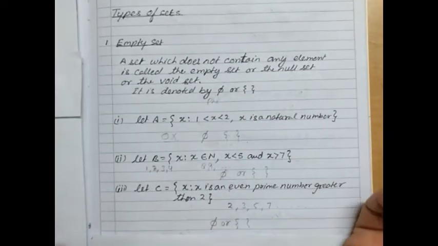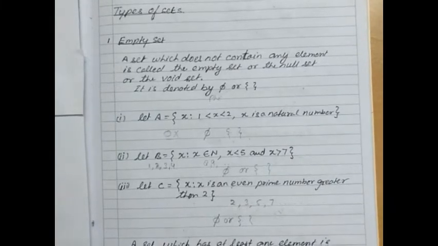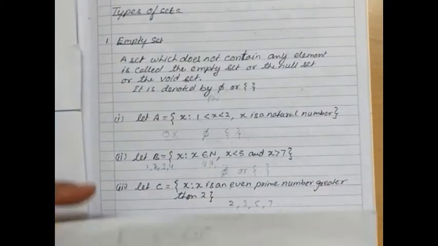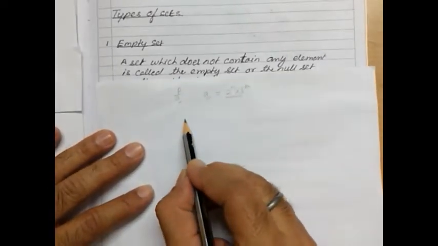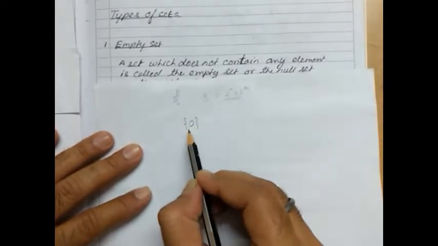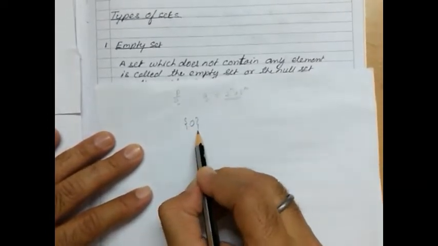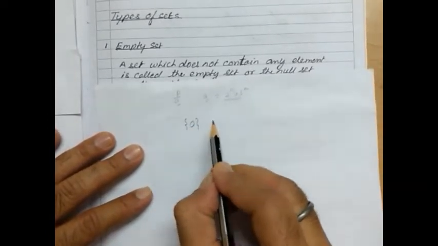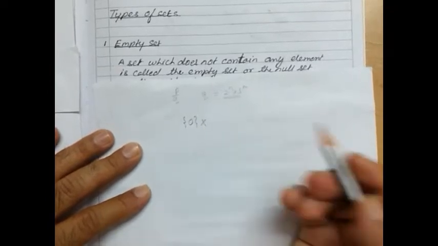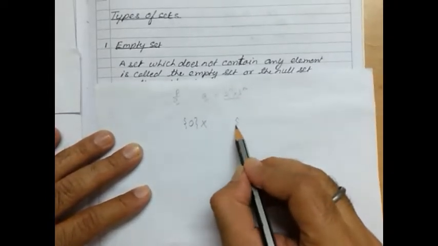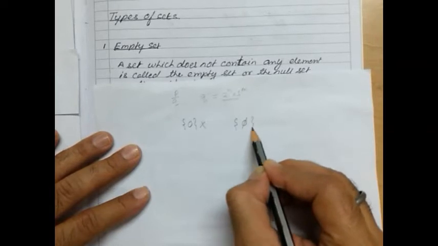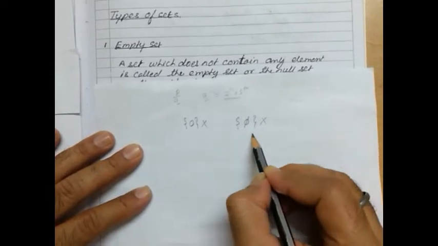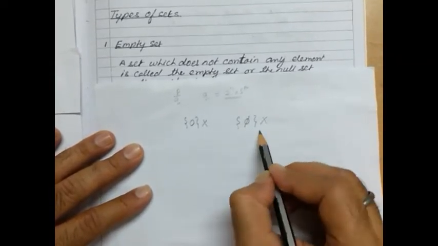One thing you need to keep in mind is that if I write empty braces containing 0, this will not be called an empty set. This will be a wrong representation. If we write phi inside the braces, then this will also be a wrong representation.